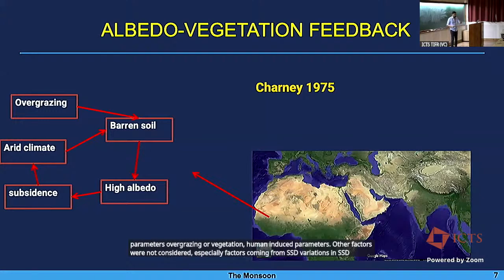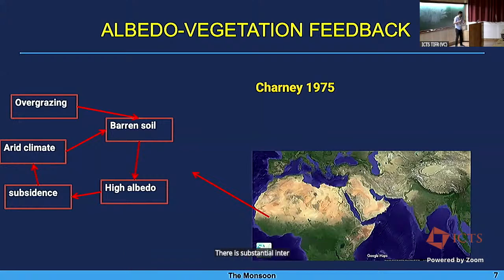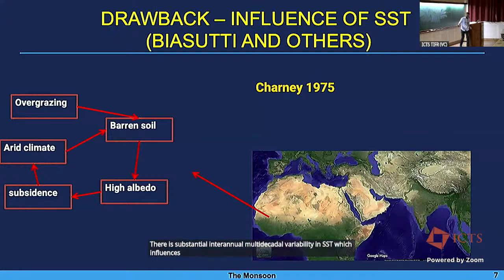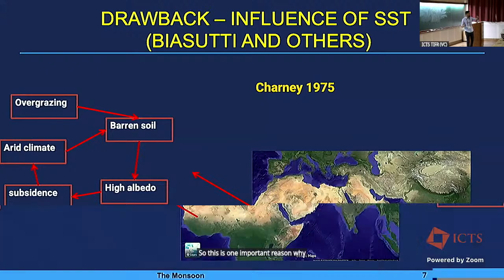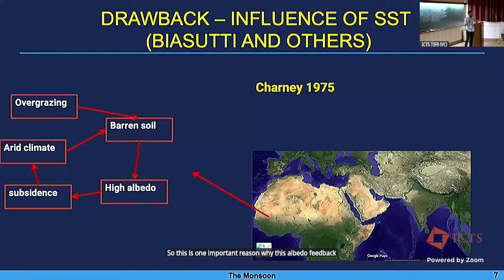There is substantial interannual, multi-decadal variability in SST, which influences the rainfall in this region. And that has a much stronger effect than albedo does. So this is one important reason why this albedo feedback was eventually disregarded or discredited.